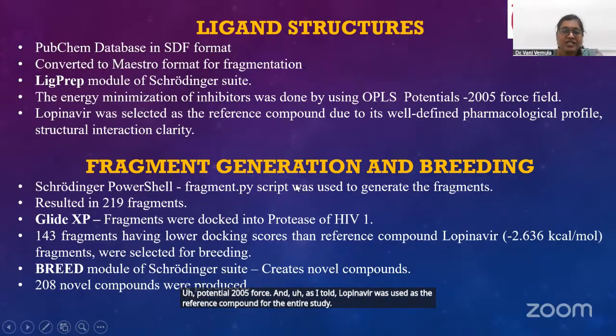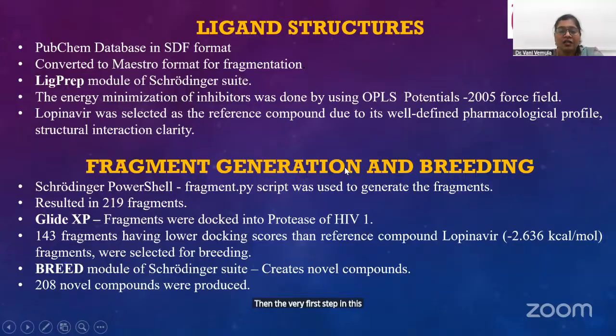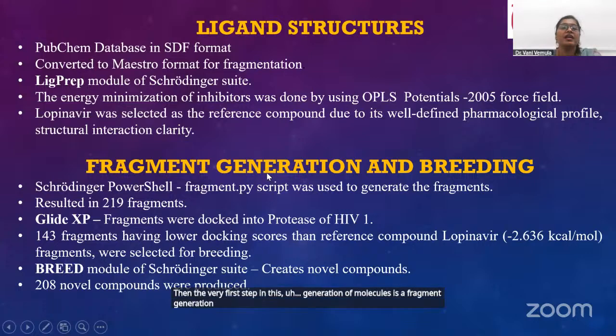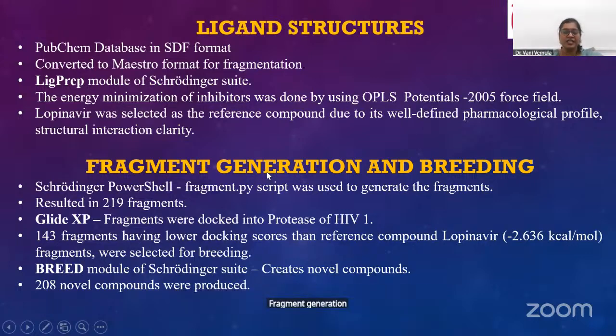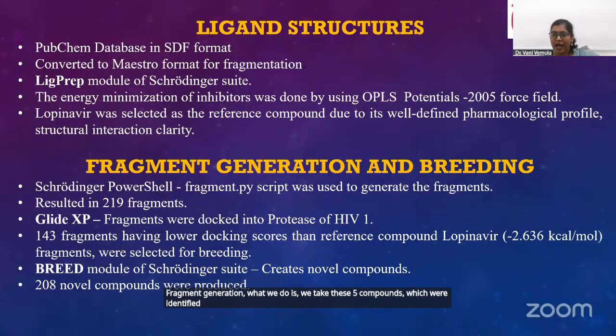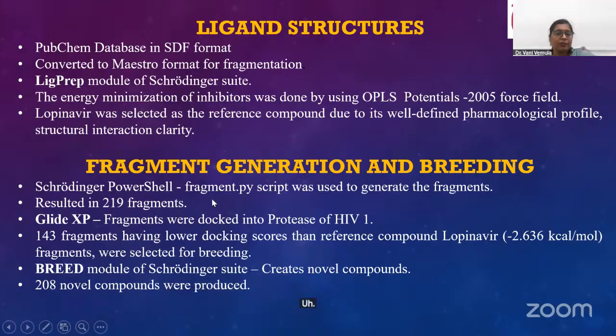Then the very first step in the generation of molecules is fragment generation and breeding. For fragment generation, we take these 5 compounds which were identified and fragment them using the fragment module of the Schrodinger. The PowerShell fragment .py script was used to generate the fragments.